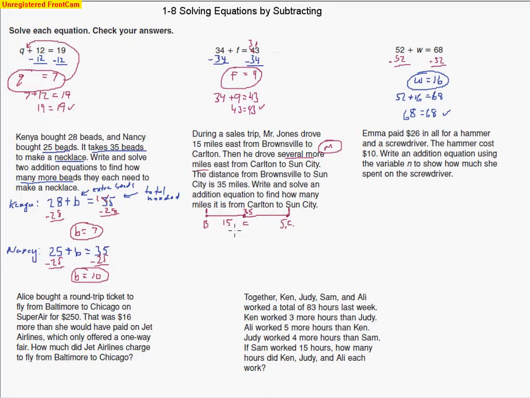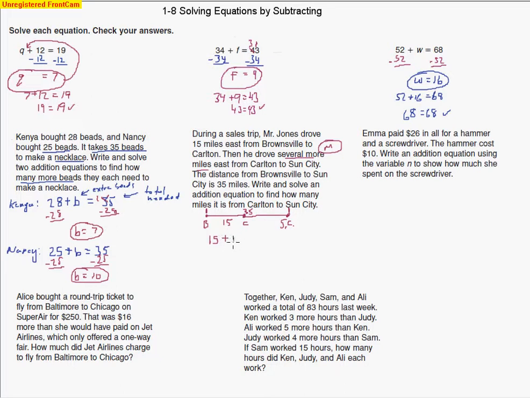We know that the total is 35, and that's what we had over here. We were always setting this equal to a total on these problems. So we're going to start with the 15, just like we started with 28 beads for Kenya, and then we added the unknown number of beads to equal the total. Same thing here. We're starting with 15 miles. Instead of an equal sign, I'm going to put a plus.